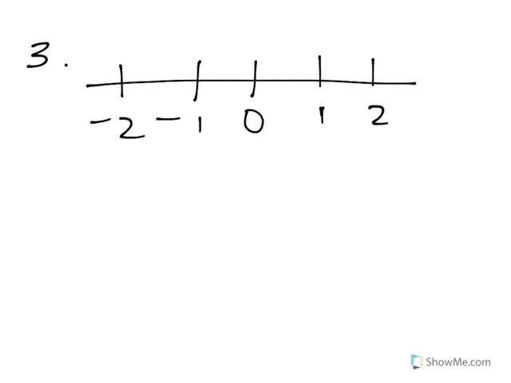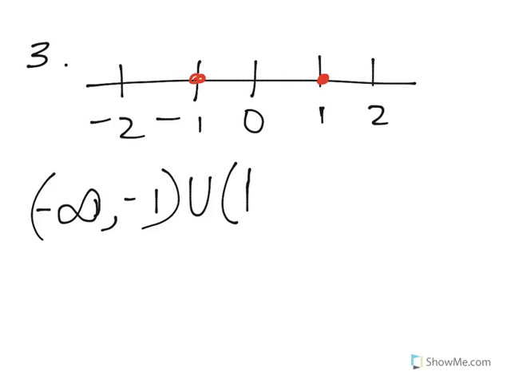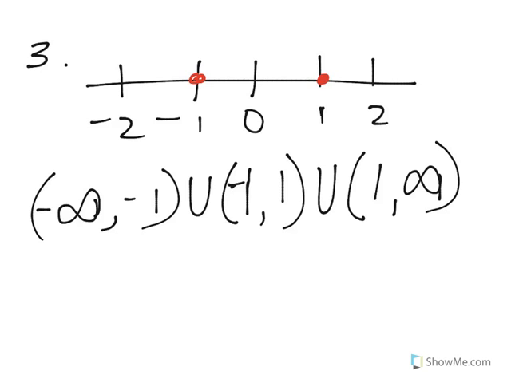We find those on our number line. It's right there. The other one's right there. Then we divide the number line into 3 intervals: negative infinity to negative 1, negative 1 to 1, and 1 to infinity.